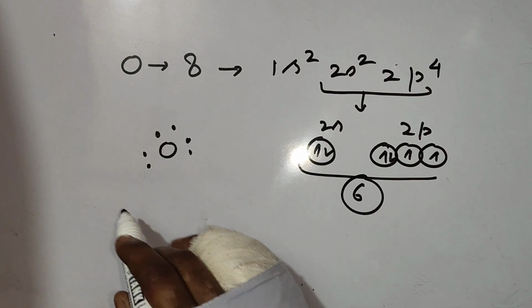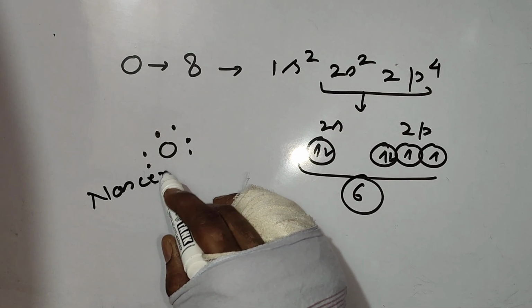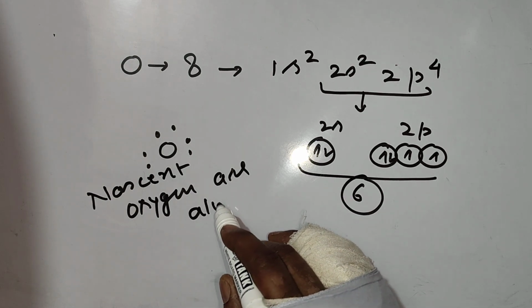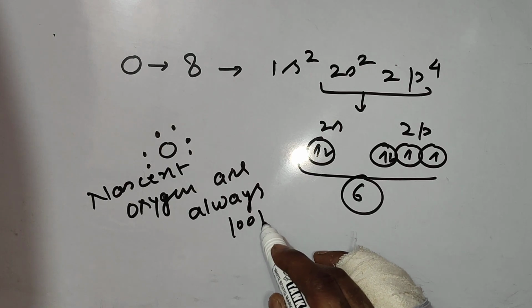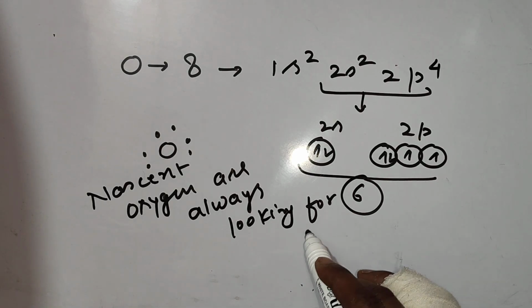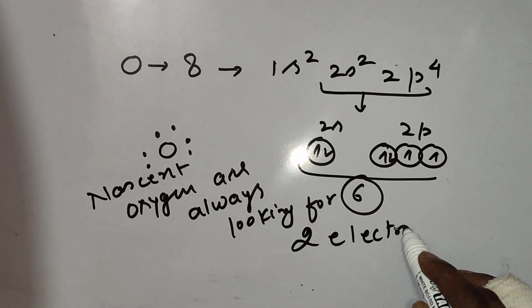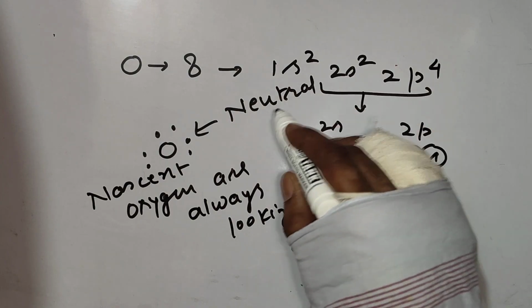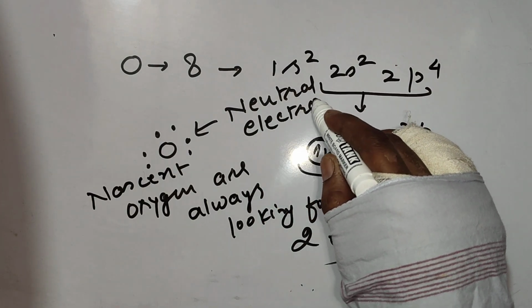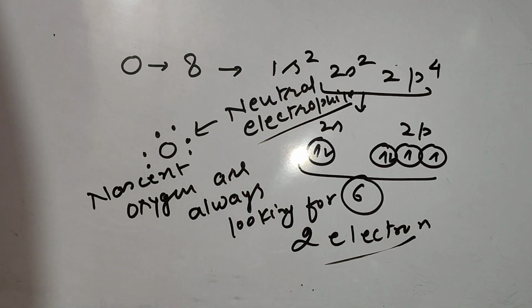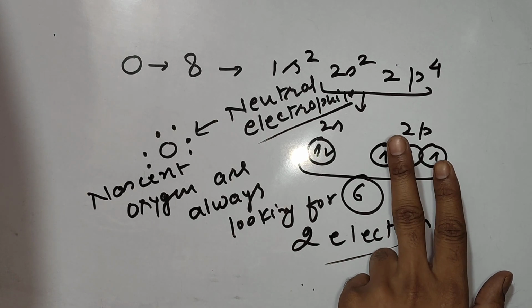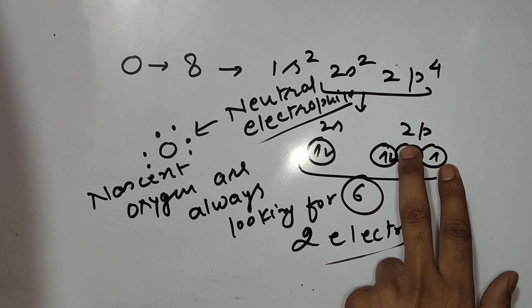So please note down, nascent oxygens are always looking for two electrons, or simply we can call them neutral electrophiles. They are nothing but a simple neutral oxygen atom which has a tendency to gain 2 electrons because in their outermost shell 2 orbitals are half filled. 2 electrons they can get.